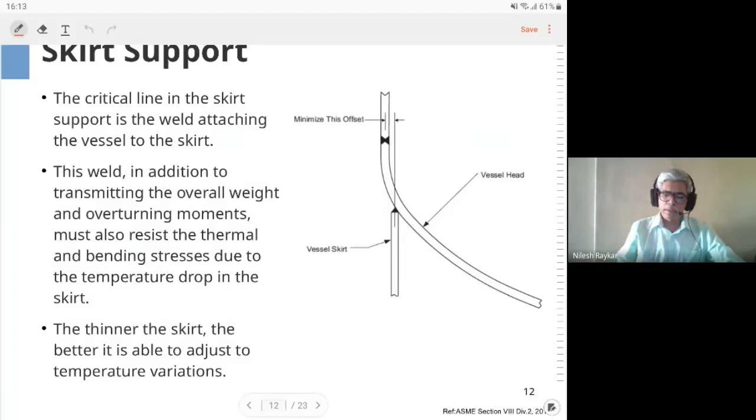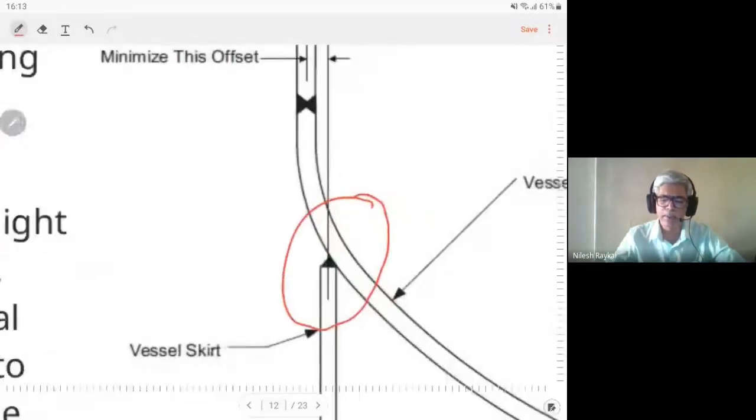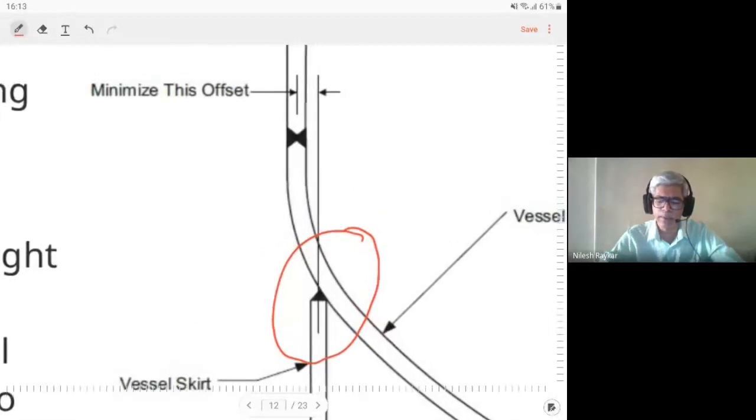In the skirt support design, one of the most important regions is where the skirt is getting attached to the vessel. So this particular region is of special critical importance. The stresses here are highly localized, although they are spread throughout the circumference. Another important parameter in skirt design is the difference between the mean center line of the skirt and the mean center line of the vessel.